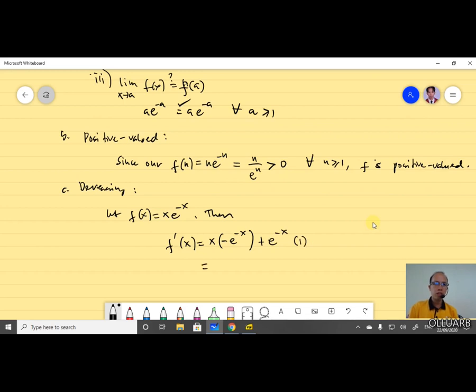Simplifying, this is negative x e to the negative x plus e to the negative x.